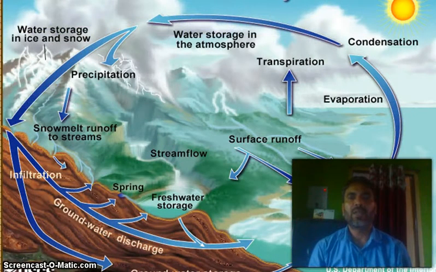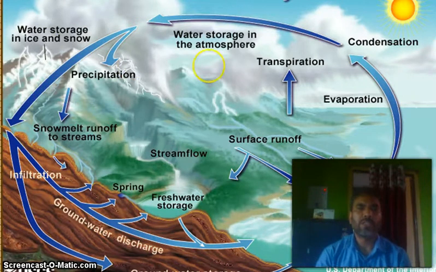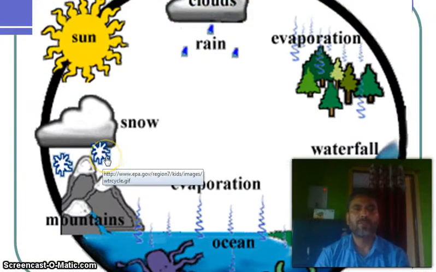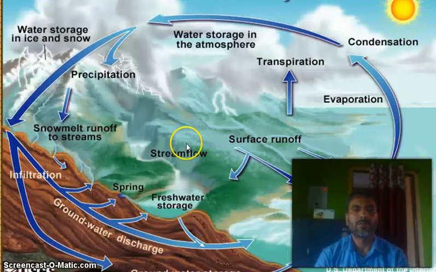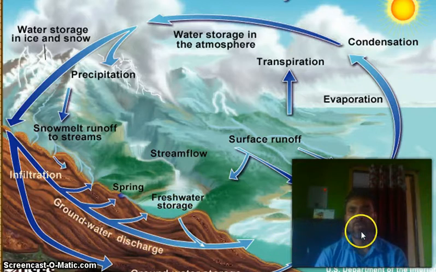So friends, the water cycle. Water storage in ice and snow, precipitation, runoff, infiltration, groundwater discharge, freshwater storage, water storage in ocean, evaporation, condensation, water storage in the atmosphere, precipitation, water storage in ice and snow, surface runoff, transpiration, stream flow, freshwater storage, like that.